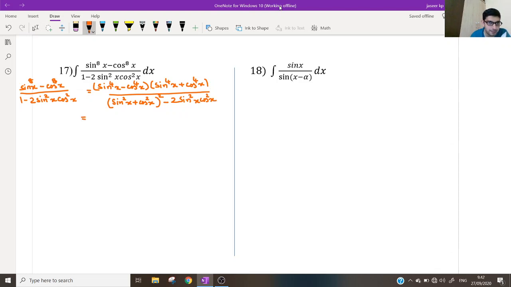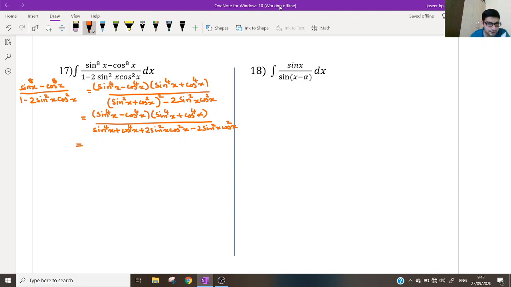So now if you expand, the numerator is as it is, sine to the power 4x minus cos to the power 4x, then sine power 4x plus cos power 4x, divided by, now if we expand this, it will become sine power 4x plus cos power 4x, then plus 2 sine square x cos square x, that is expanding sine square x plus cos square x whole square. Then this term minus 2 sine square x cos square x.